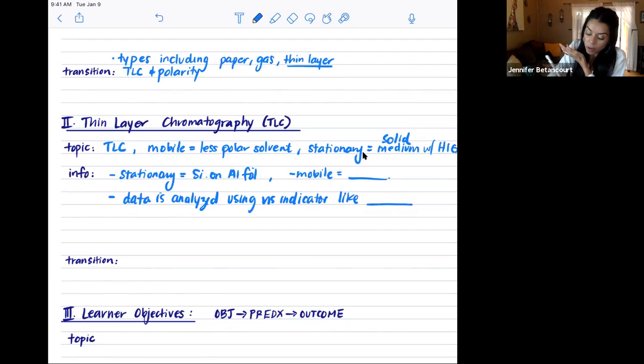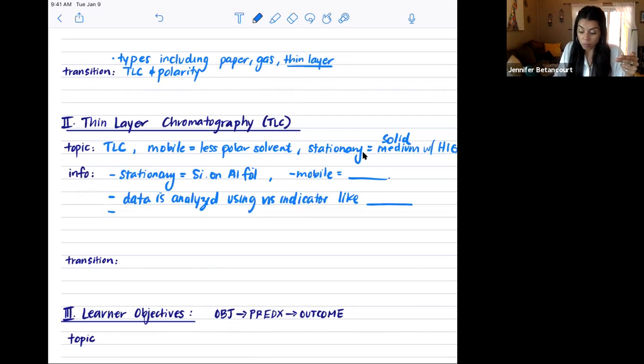Once the spot has appeared, then you calculate what the RF is. So we're doing it briefly. This is not the method section. We do not need to be talking step by step by step. We're going to do that in the next section. Here we just need to say, hey, we're using this mobile phase, or here's a mobile phase that can be used because it's less polar than this stationary phase.